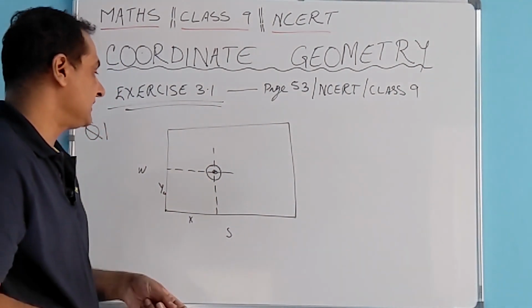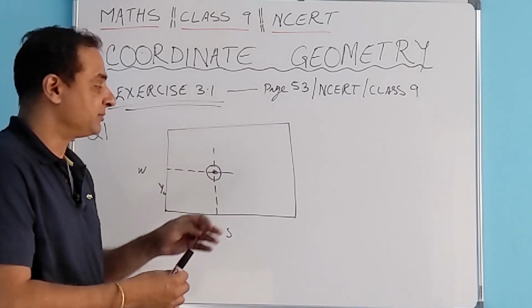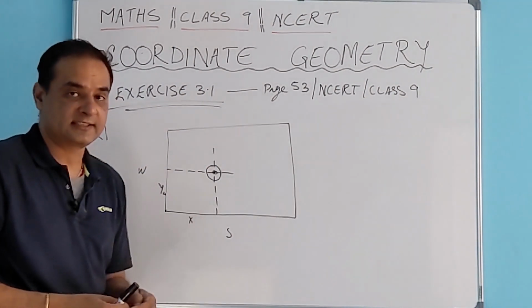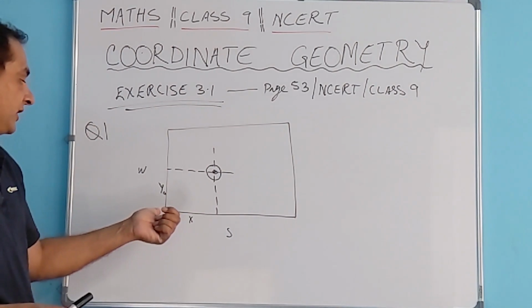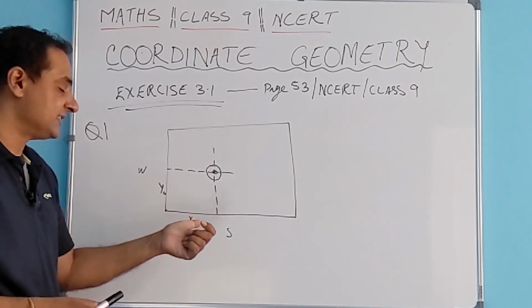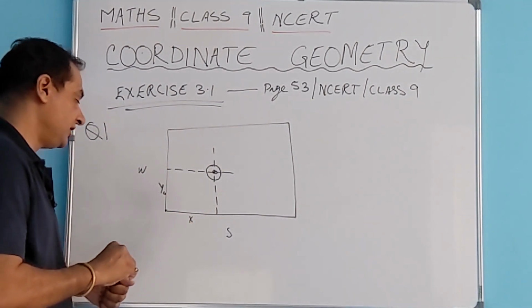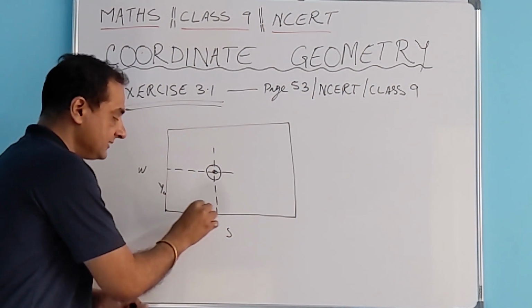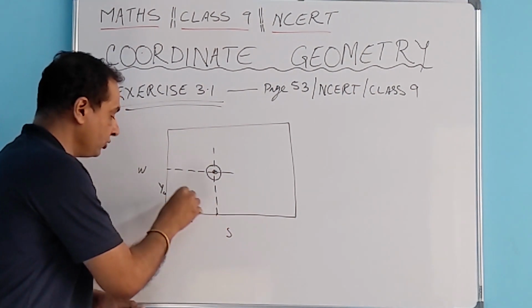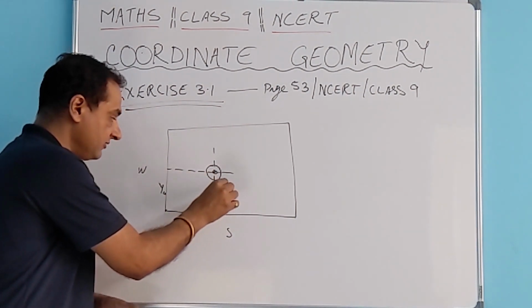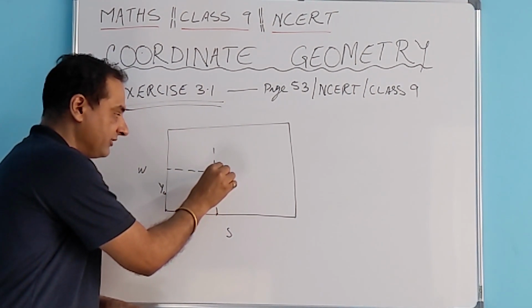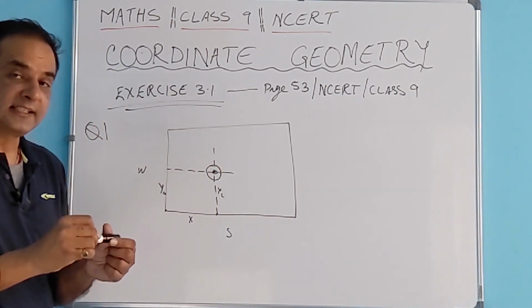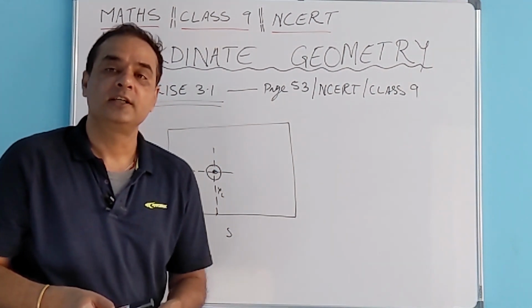You can easily say that if you consider that the table is lying in the north, south, east, west direction, and you consider the point which is west, south, from here if you go x centimeter on the south edge, and from there if you go parallel to the west edge which is y centimeter, you are going to arrive at a point which will be the center of the base of your table lamp.